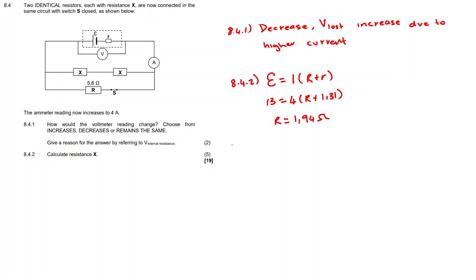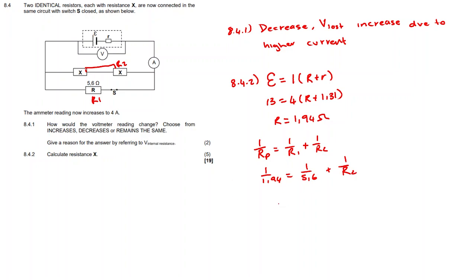We then know that in parallel, 1 over R parallel is equal to 1 over R1, plus 1 over R2. So we can call this whole branch R2. We then know that 1 over 1.94 is equal to 1 over 5.6, as this is the resistance, plus 1 over R2.